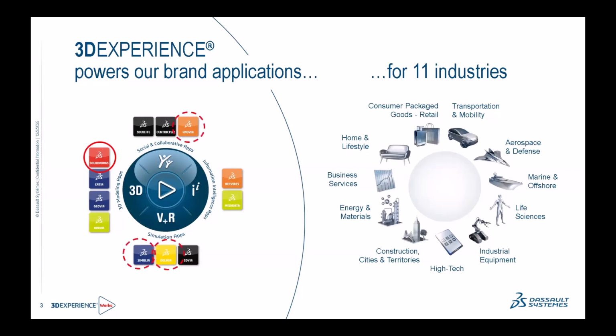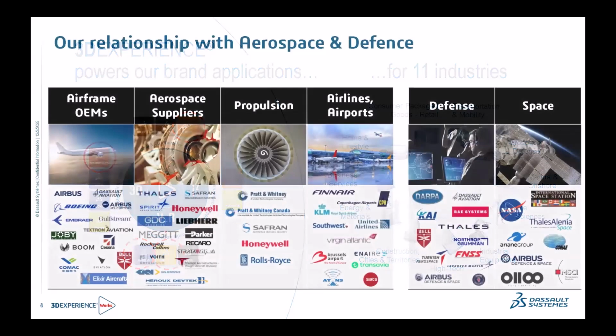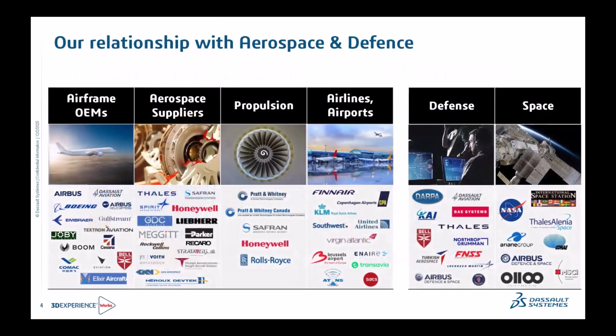And indeed, we have lots of customers in this area. If we quote the two most famous, we have Airbus and Boeing. In aerospace, we have Thales, Safran. So you will see lots of famous names that are served by Dassault Systèmes software.